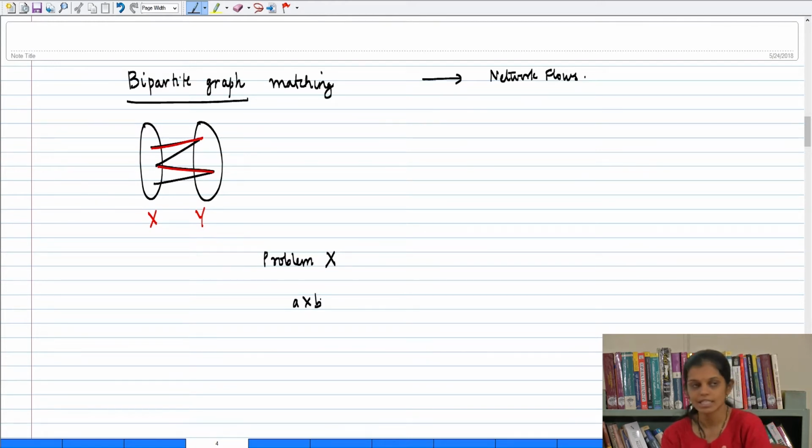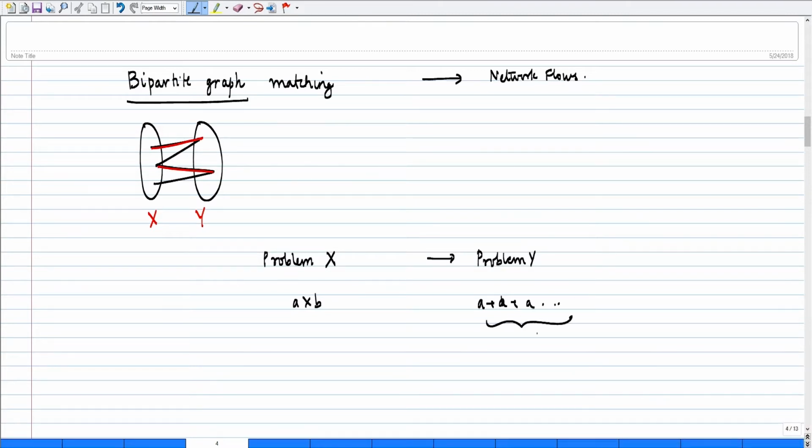So this is a non-trivial idea actually, that you should take a problem X and convert it into an instance of problem Y, such that the solution to the instance of problem Y is going to quite immediately give you the answer to the problem X. So in this case, what you will do is A plus A plus A, B times, this is one way to reduce it, or B plus B plus B, A times. Both these are correct ways, and whichever you solve correctly for the problem Y is going to give you an answer to problem X, right.